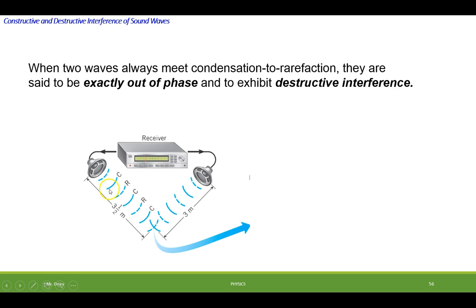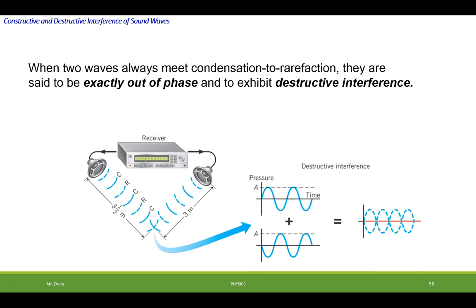Since the wavelength is a meter, moving it back half a meter ends up having the situation where a rarefaction meets a condensation, and we get an amplitude going up and an amplitude going down, and up and down. The two of them end up canceling each other out, and that would be completely destructive interference.